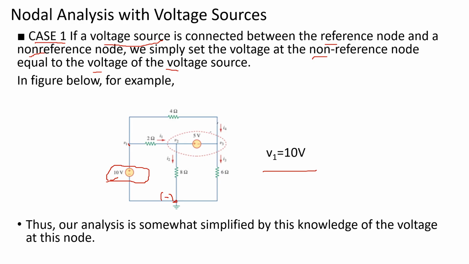Thus, our analysis is somewhat simplified by this knowledge of the voltage at this node, because it will reduce the number of unknowns. In the example shown, you have 3 unknowns, V1, V2, and V3. So with 10 volts between node 1 and the reference node, we can say that V1 is already given or known, and once more it is equal to 10 volts.